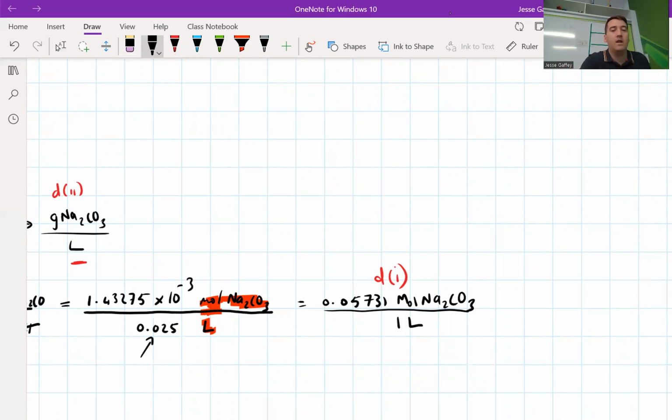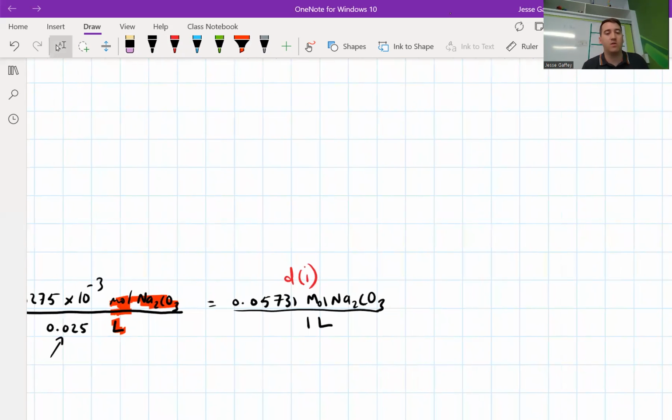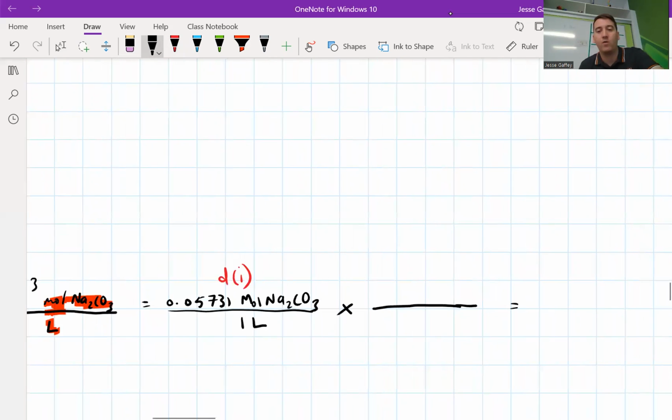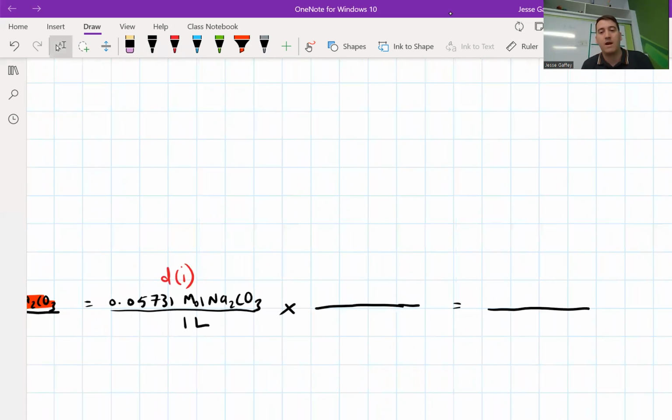Most of you will know how to convert from moles per liter to grams per liter. I always get mine to do a conversion factor like this. And then equals, in our answer, we want a certain amount of grams of Na2CO3 per liter. So what needs to be on this fraction here to turn it into grams per liter? Pause the video and figure that out now.